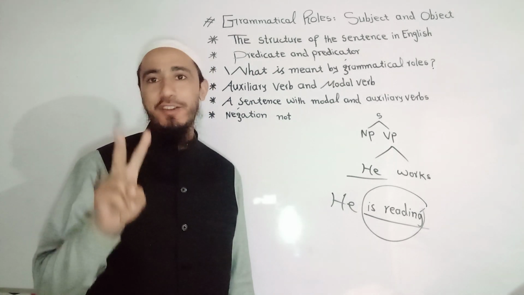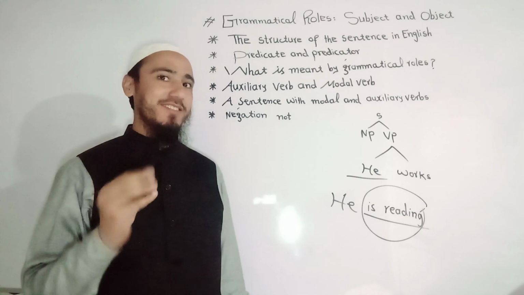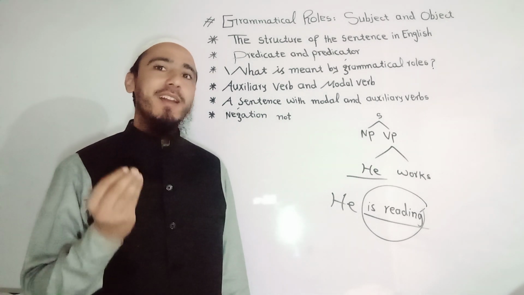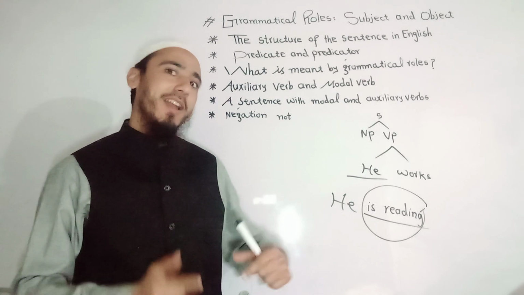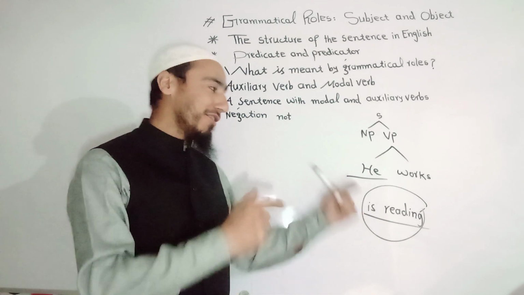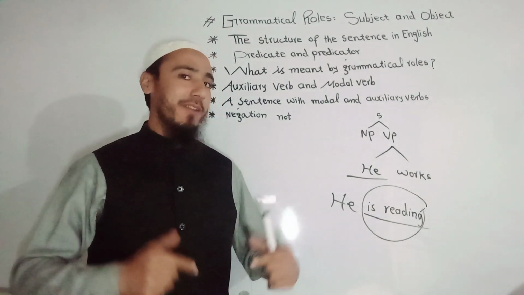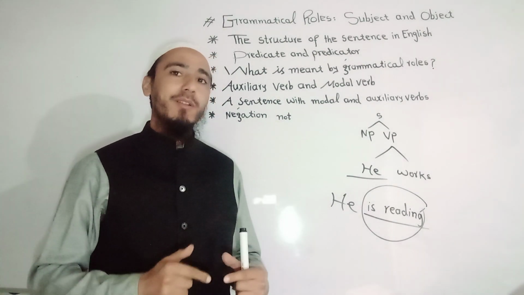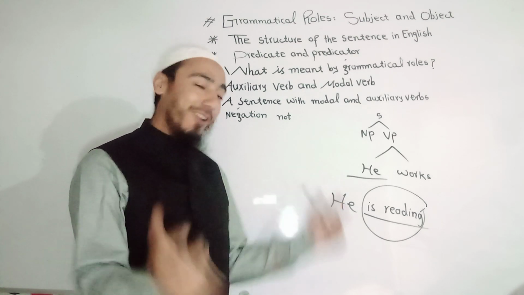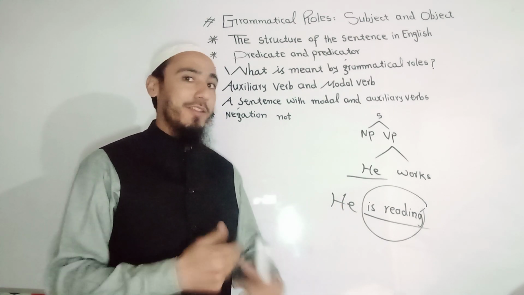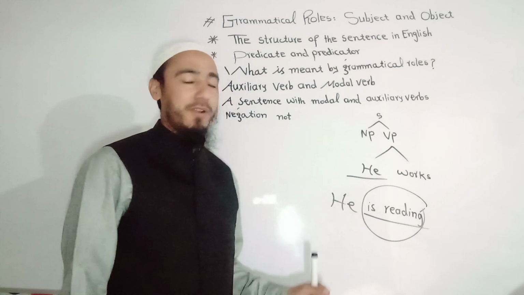Generally, we say that there are two parts in a sentence: noun phrase and verb phrase, or we say subject and predicate. And generally, we also define predicate that in predicate we have a verb, and whatever words are coming along with the verb, they are part of the predicate.